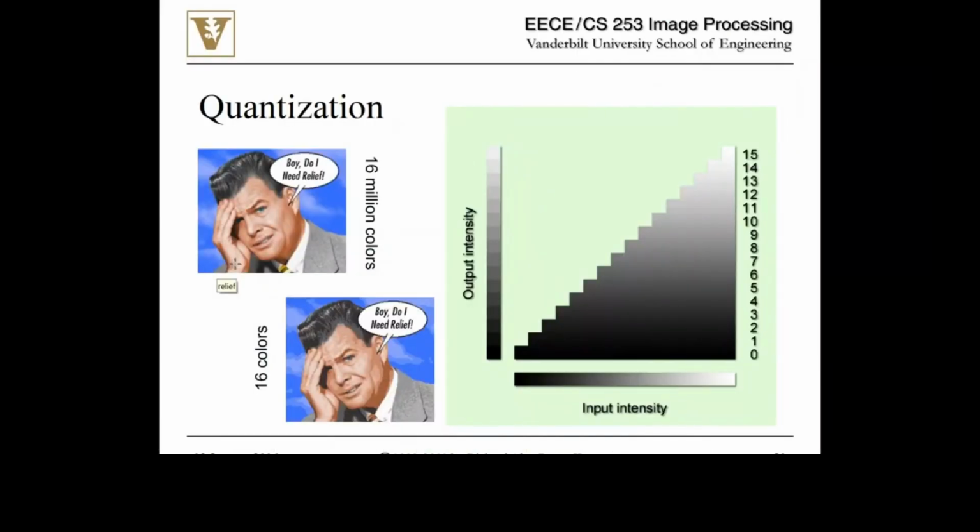Okay, good. So this 16 million colors is because we have 3 bytes for the colors, and then we can represent 2 to the 24 colors. What about these 16 colors? How many bits do you need to represent a color? 4 bits.